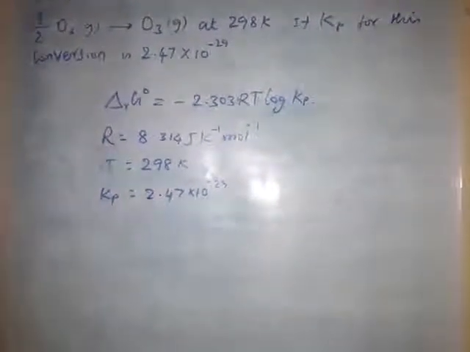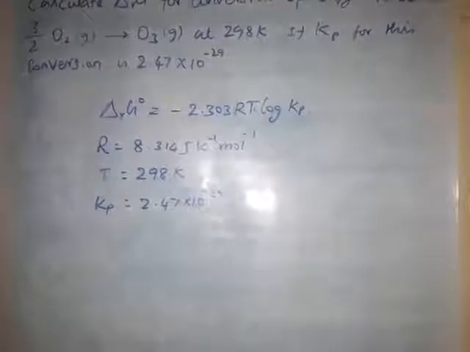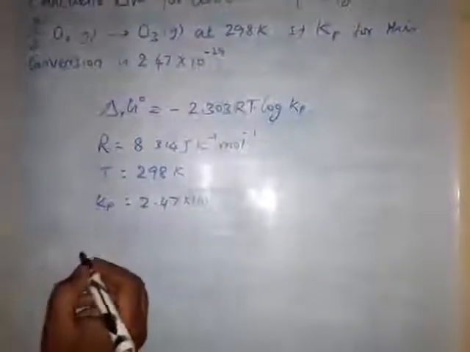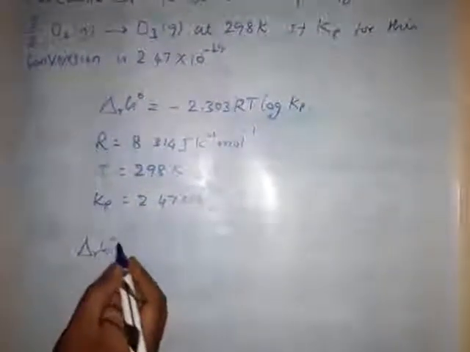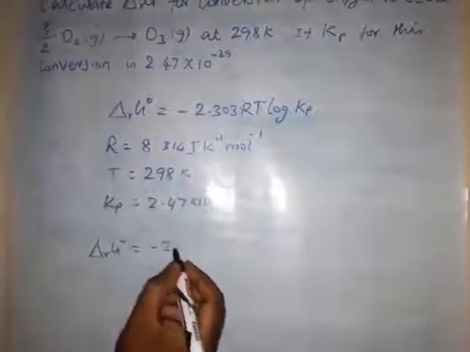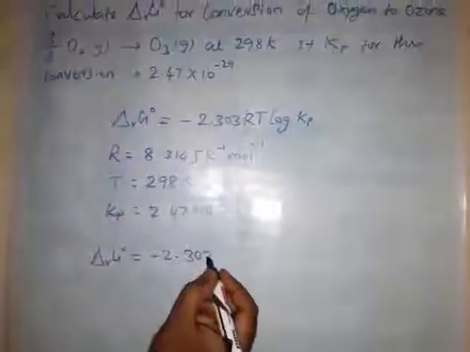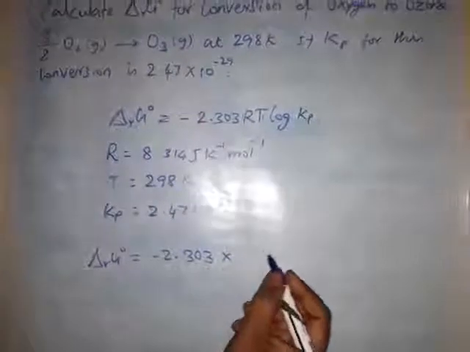Now we have to apply these values, so that delta G naught is equal to minus 2.303 into R value.